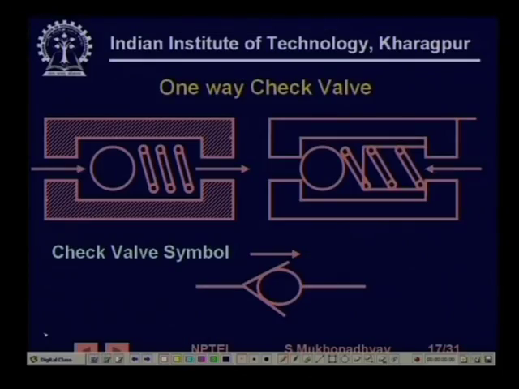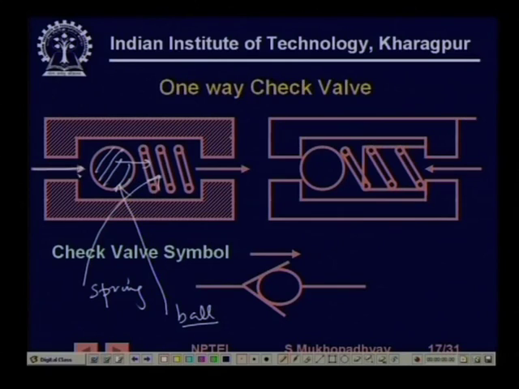Here, this is a spring, and this is a ball, actually a solid ball, maybe hollow also. What is happening is that if the flow is in this direction, then the ball will be pushed along the spring, and the fluid will flow through the spring like this.